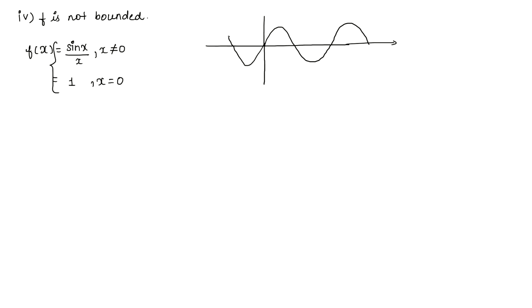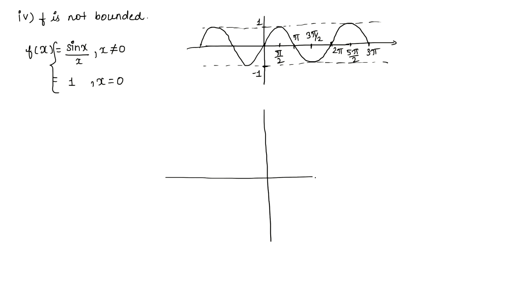This is the graph of sin x, and this point is y is equal to 1, and this is the point y is equal to minus 1. Now these points are pi by 2, pi, 3 pi by 2, 2 pi, then 5 pi by 2, 3 pi, and so on, and similarly on the left. So this is the graph of sin x. Now we will try to plot the graph of sin x by x here.